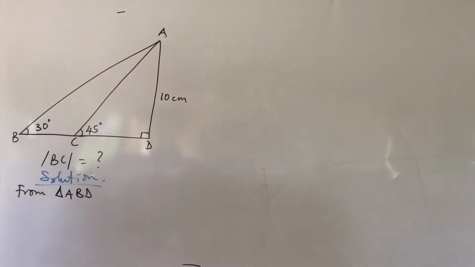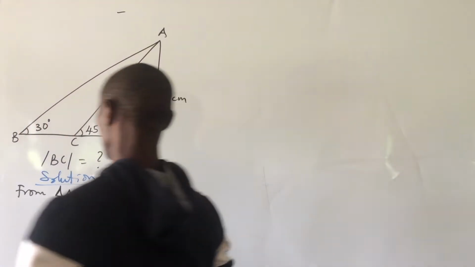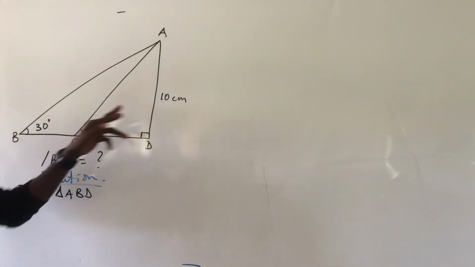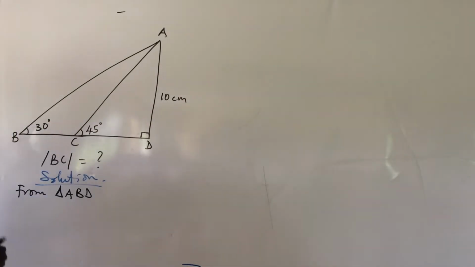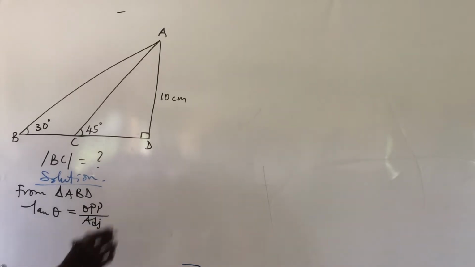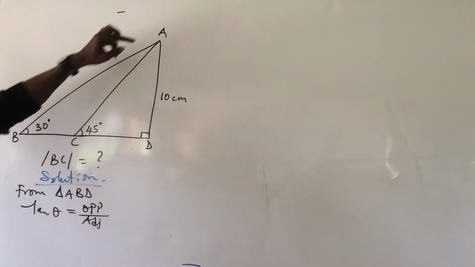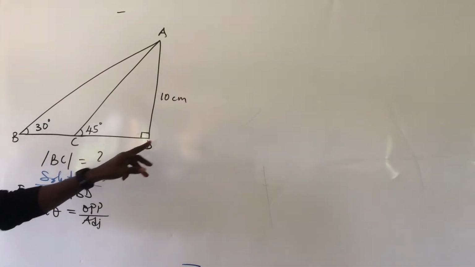If we use the relationship SOHCAHTOA, we're going to have tan theta equal to opposite all over adjacent. That is the relationship. Now, what is our tan theta from triangle ABD?